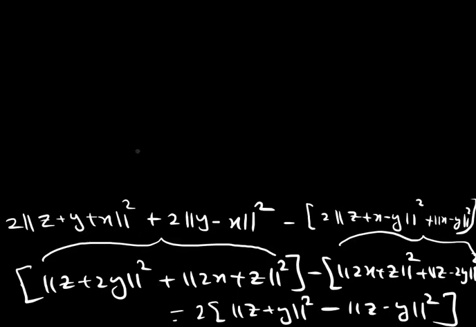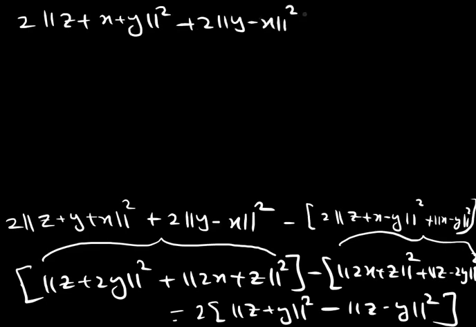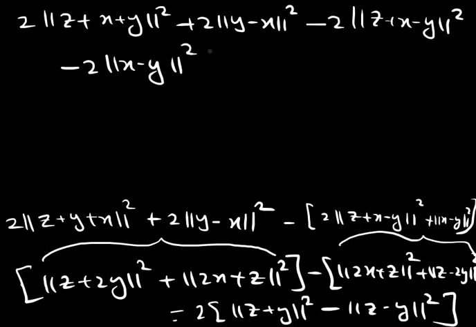This term and this term, so we can write this directly. 2 times norm of z plus x plus y whole square plus 2 times norm of y minus x whole square, minus 2 times norm of z plus x minus y whole square, then minus 2 times norm of x minus y whole square.